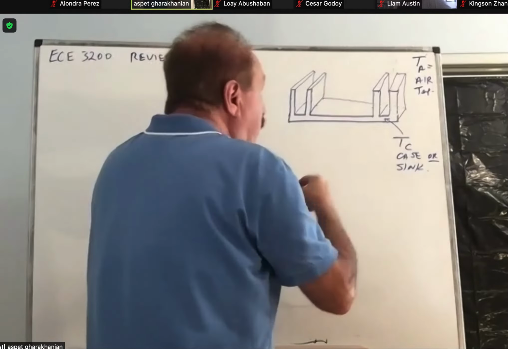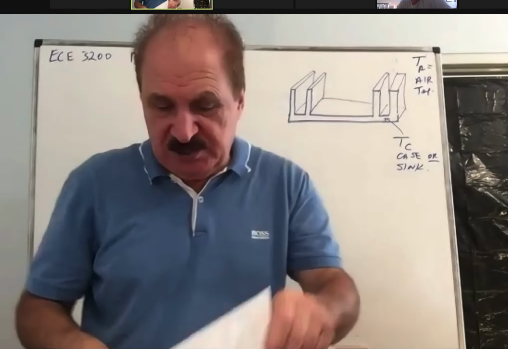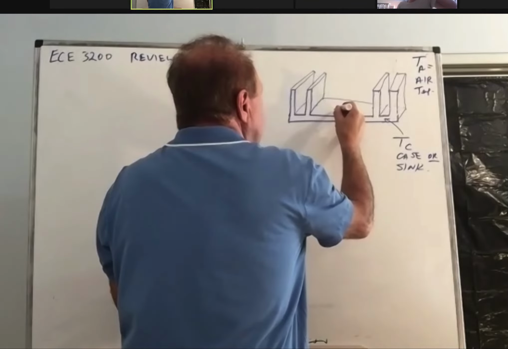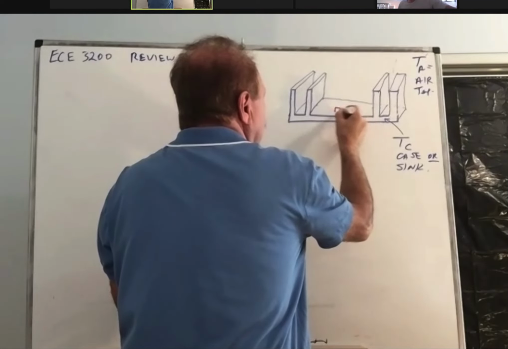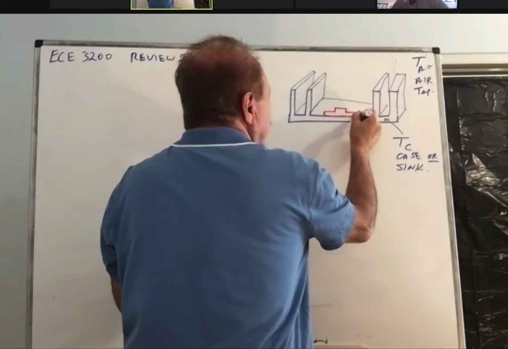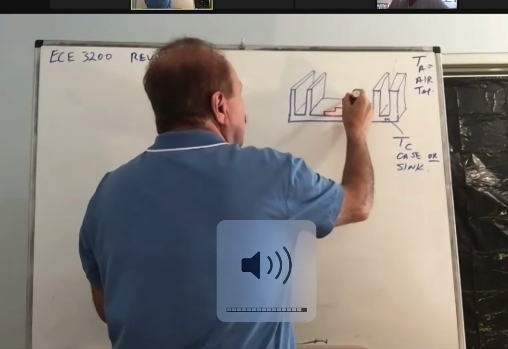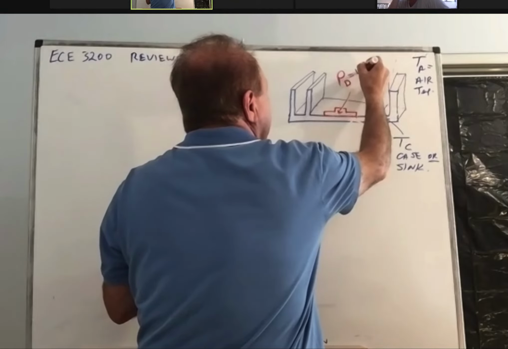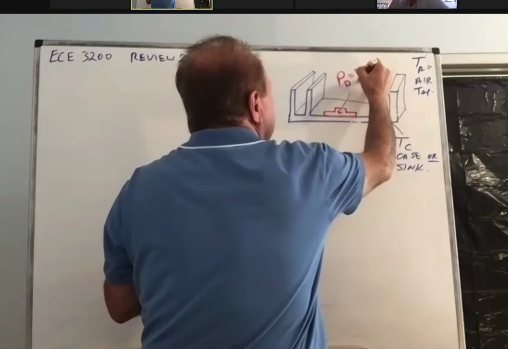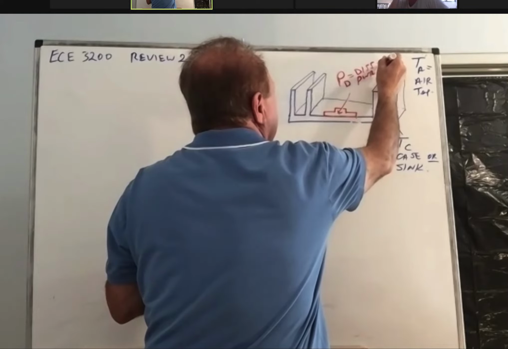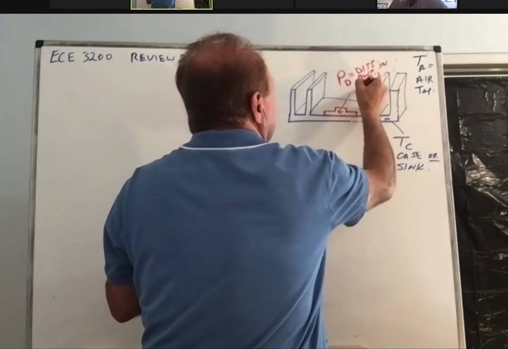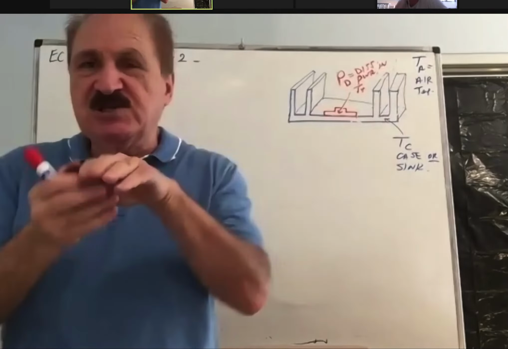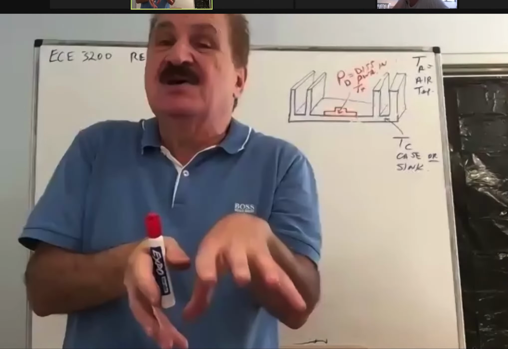So power, as it enters into the sink. So this is the transistor here, sitting on it firmly. As the PD, dissipated power in the transistor, we're assuming that all of that power dissipated by the transistor transfers into the sink.